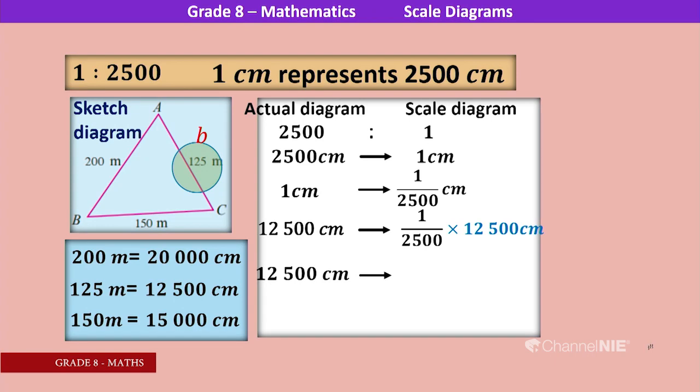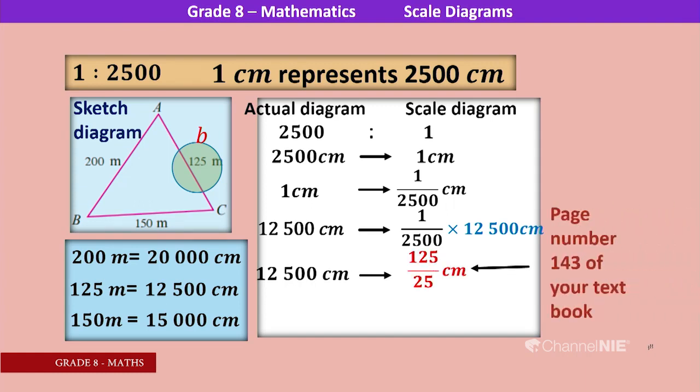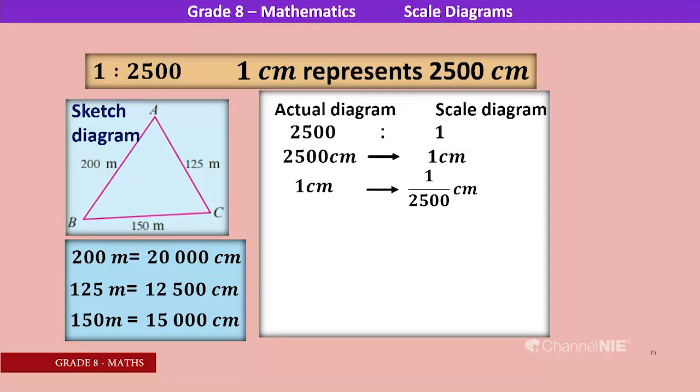As a result of that calculation, you have this step. Finally, you have 125 centimeters. Finally, you have 125 meters as 5 centimeter. That is B.